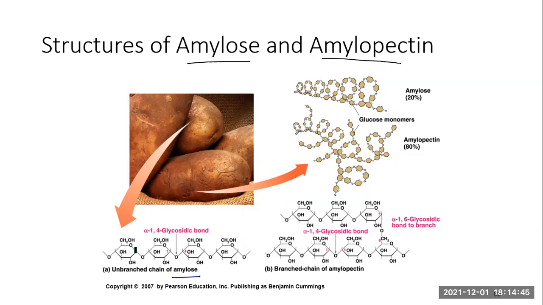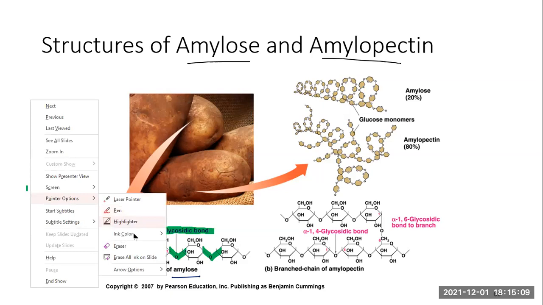And it has the bond that we were just talking about, the alpha 1,4 glycosidic bond, as you can see in between each of these, the downward move there. Again, that means carbon number 1 of the first glucose connects to carbon number 4 of the second glucose.